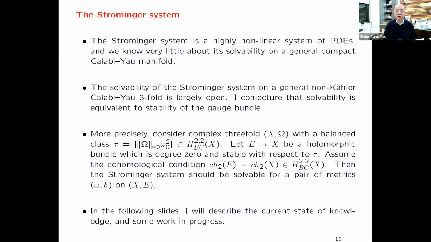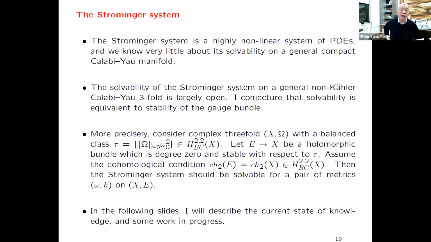I conjecture the solvability is equivalent to stability of the gauge bundle, and this was interesting because it was a guideline for us to look into that. And we have an interesting balanced class in this whole system, namely the norm of capital omega naught times omega naught squared.